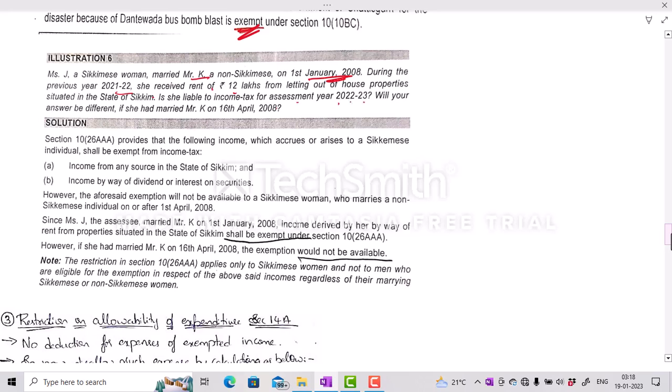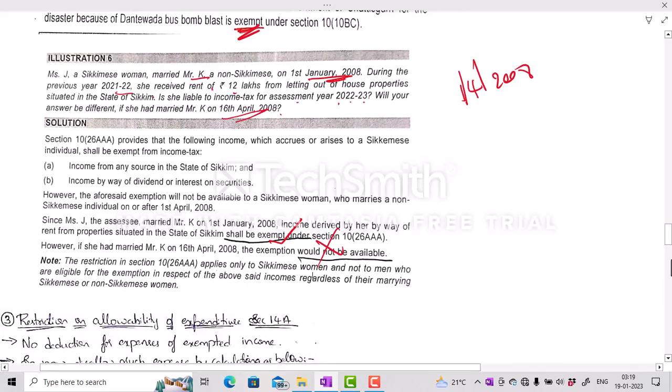Will your answer be different if she married Mr. K on 16th April 2008? The exemption will not be available only if she marries on or after 1/4/2008. Here she married on 1st January 2008. So exemption is available in this case. If she married on 16th April 2008, then exemption will not be available.